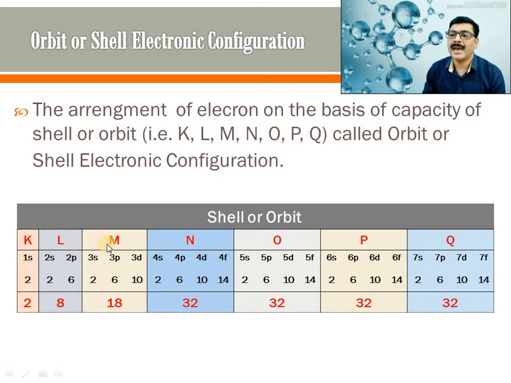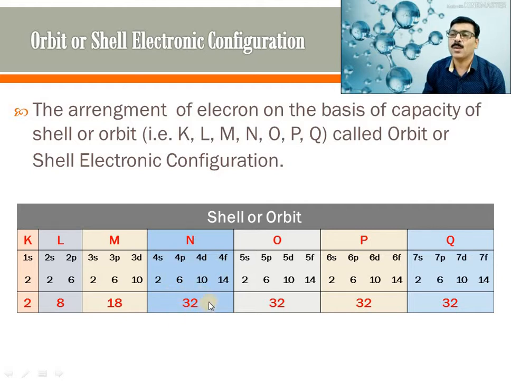Then M shell contains 3s, 3p and 3d, and the capacity of M shell is 18 electrons, that is 2 plus 6 plus 10. Then fourth shell is N shell. N shell contains 4s, 4p, 4d and 4f orbitals, and the capacity of N shell is 32 electrons.